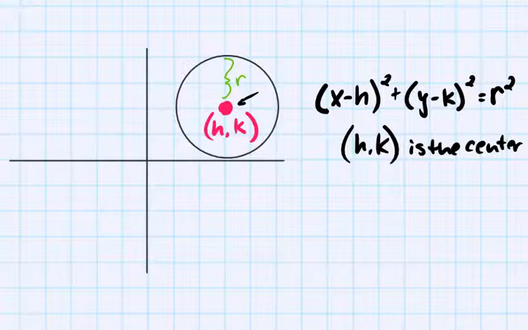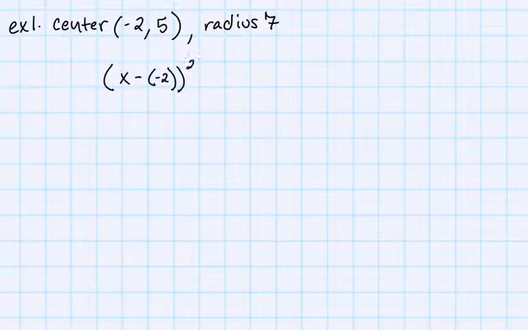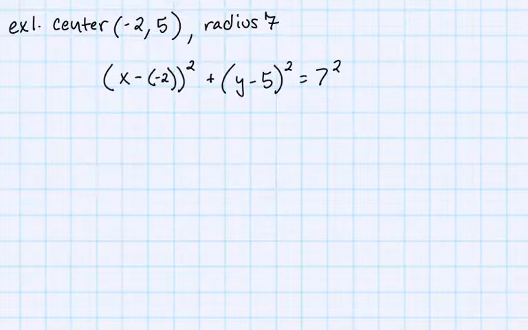So let's just look at a couple of examples. In our first example, we're going to be using the center (-2, 5) and the radius of 7. So into my equation, I want to do (x minus -2) squared plus (y minus 5) squared equals 7 squared.